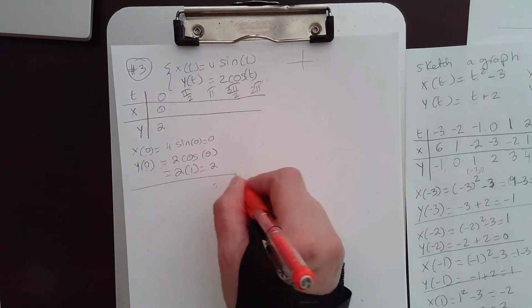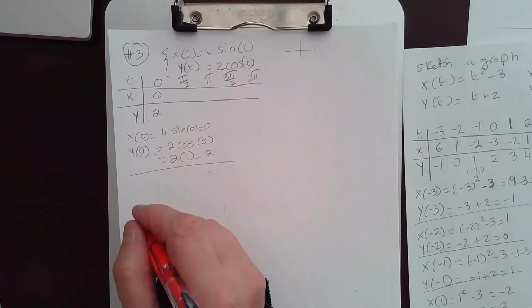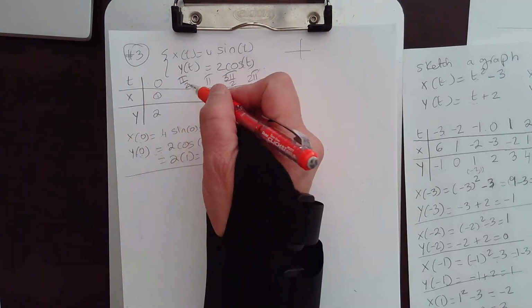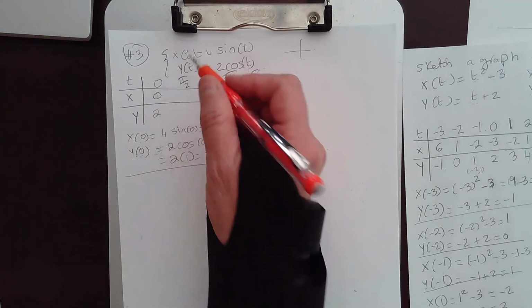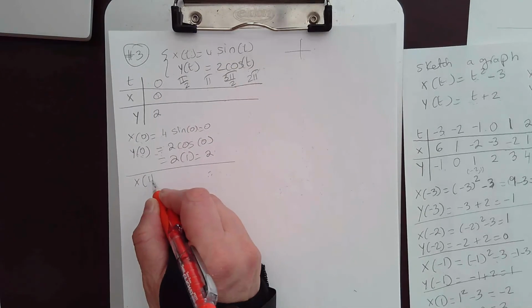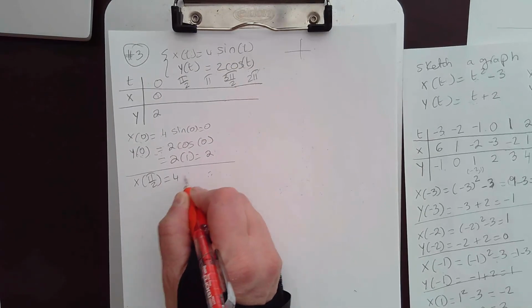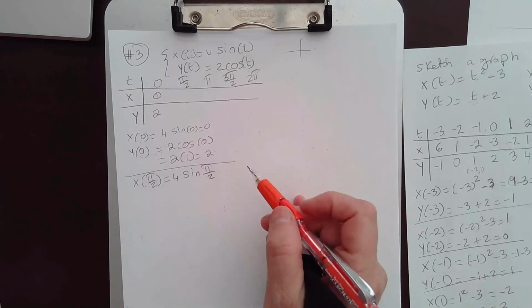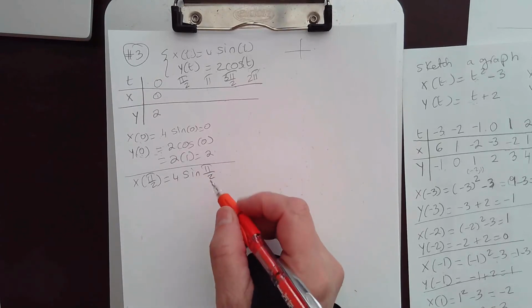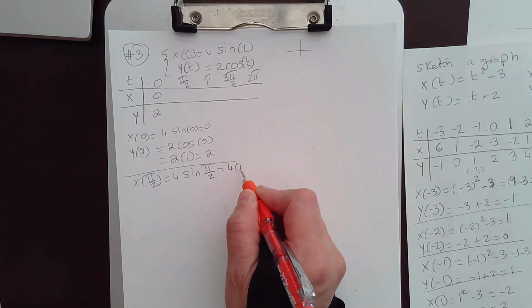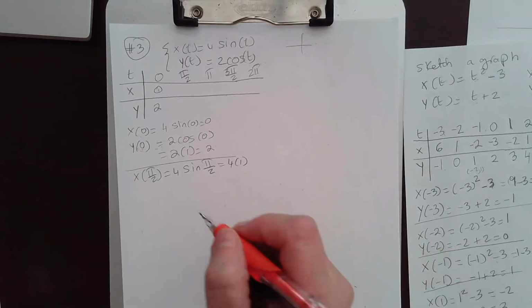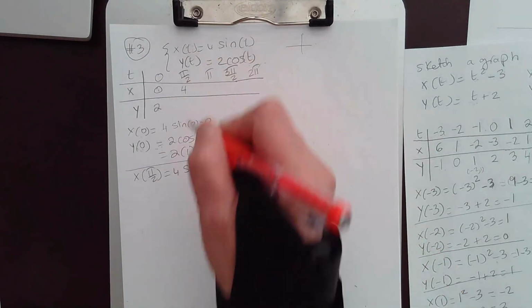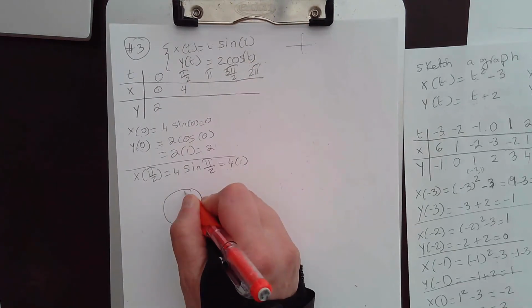Now let's go ahead and select pi over 2. So again, plug it into x and y. So x of pi over 2 will give us 4 sine pi over 2. Now if you recall, sine pi over 2 is 1, right? If you want to remember this, remember the points here.